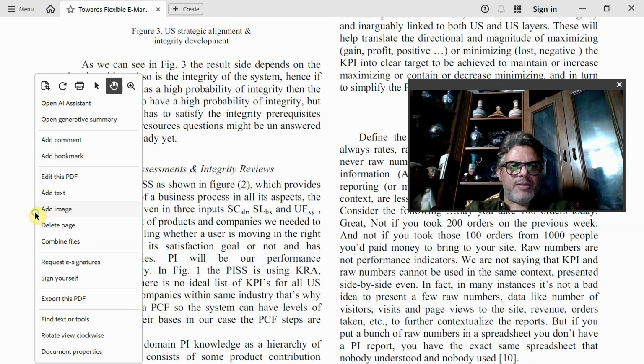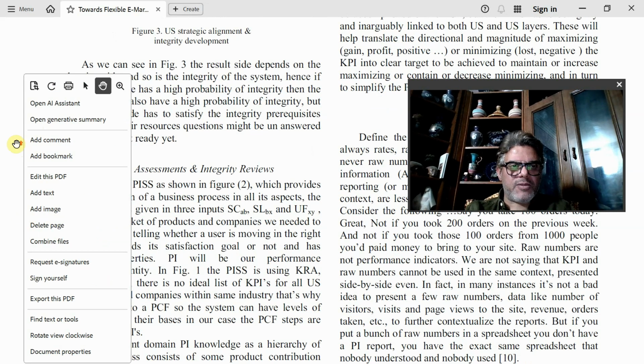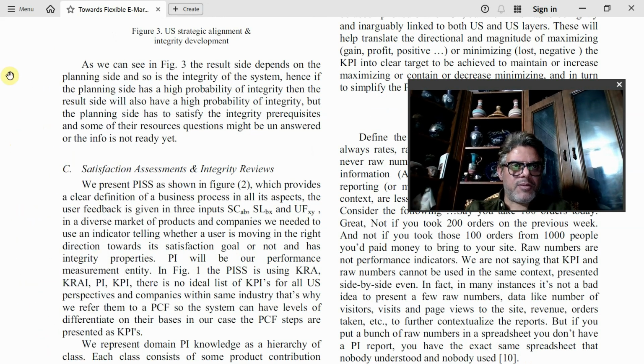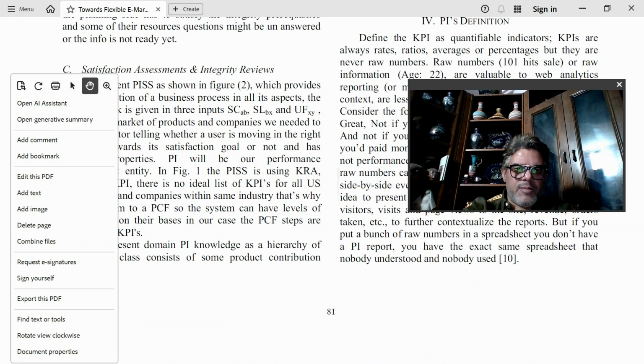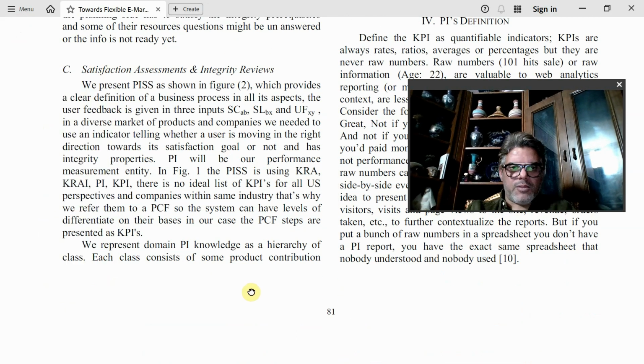Satisfaction assessment and integrity reviews. We present the process performance indicator by satisfaction strategy as shown in figure 2, which provides a clear definition of the business process and all its aspects.